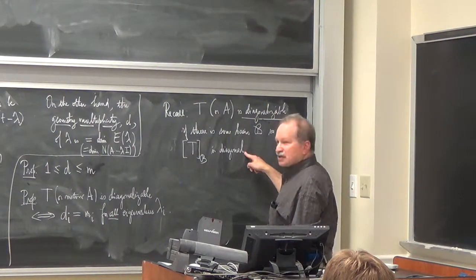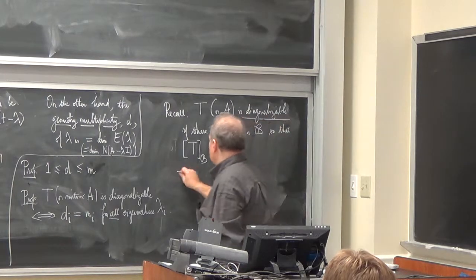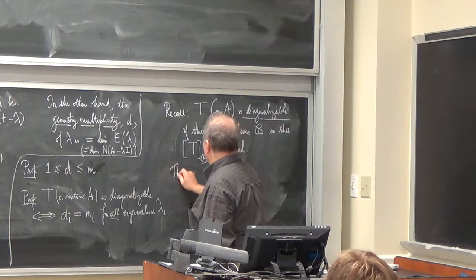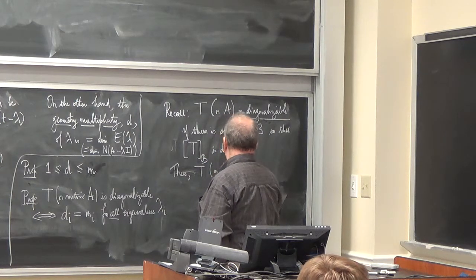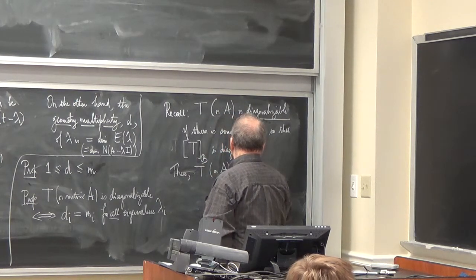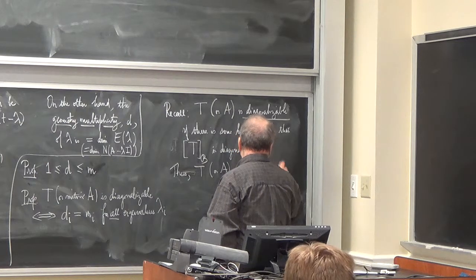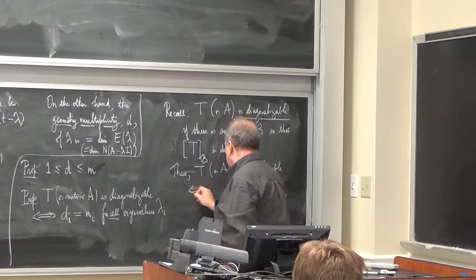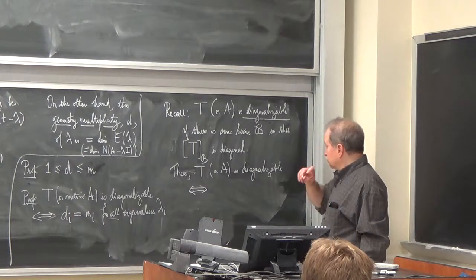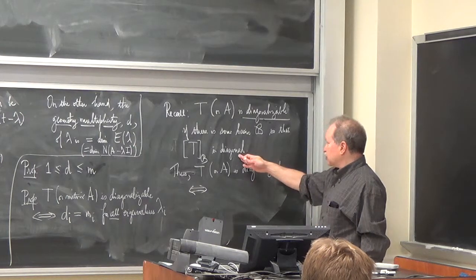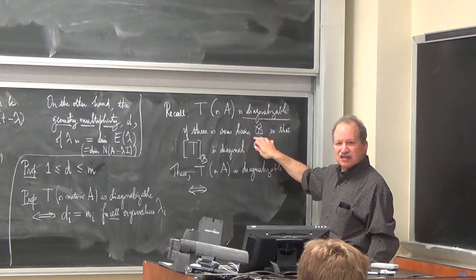So this is equivalent to saying that the linear map or the matrix is similar to some diagonal matrix. But what has to be true about this basis?